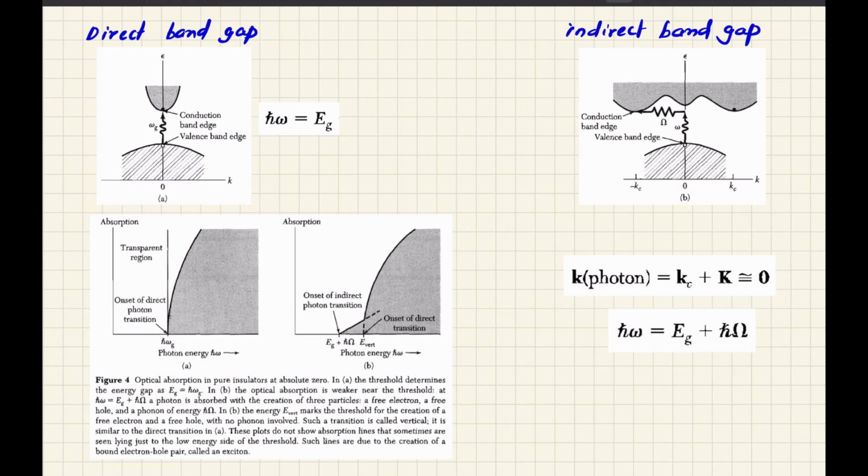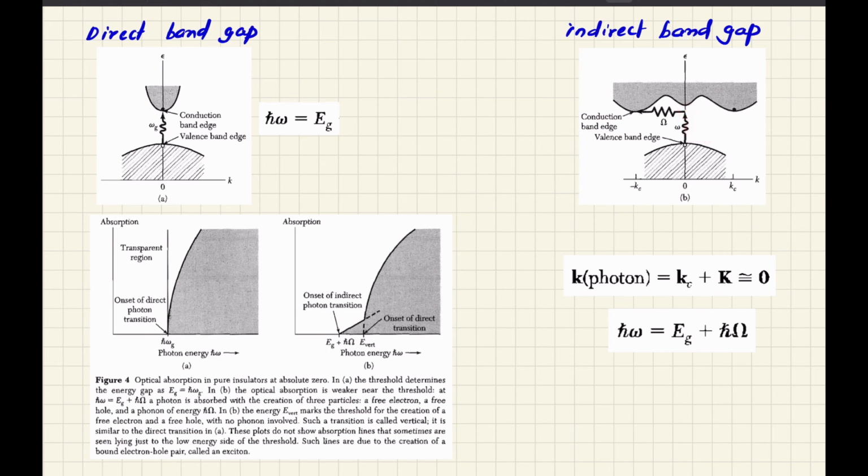Okay, now in this case, if you look at the absorption process, the onset of indirect transition happens at Eg plus h cross omega. Okay, it does not start at Eg.